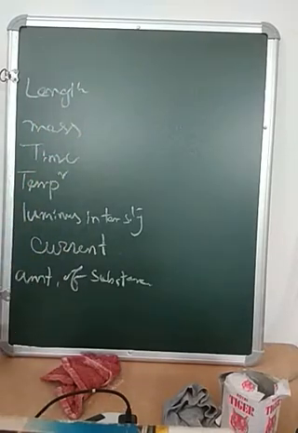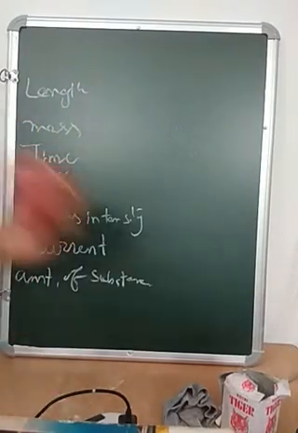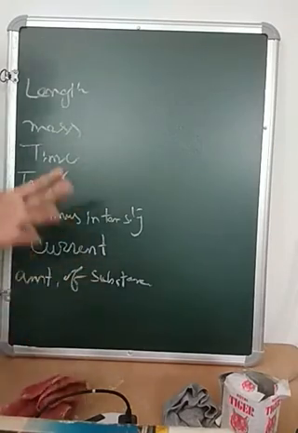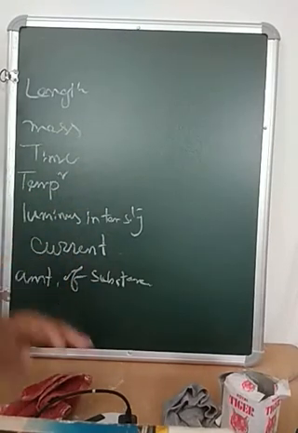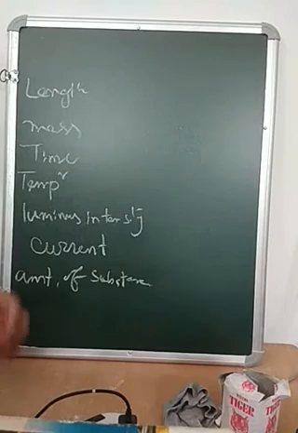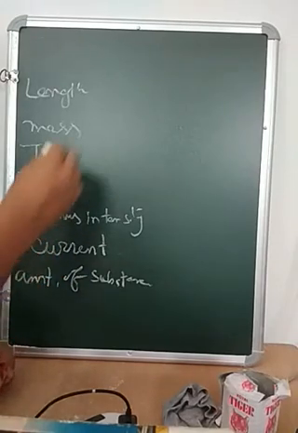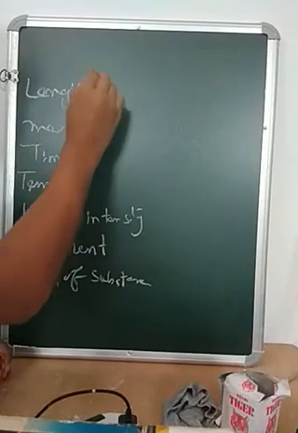These are the 7 base quantities. With the help of these, we can express any other physical quantity, like force, capacitance, specific heat. All physical quantities can be expressed with the help of these 7 quantities.